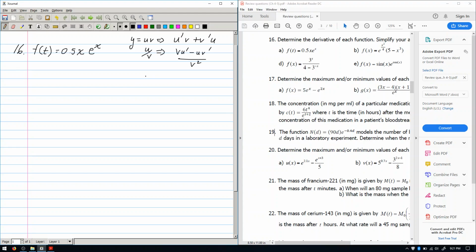So the derivative of an exponential function, let's say b to the x, is just going to be the function copied down multiplied by ln of b multiplied by the derivative of the exponent. In this case it's 1. So basically this is the derivative of b to the x ln b.